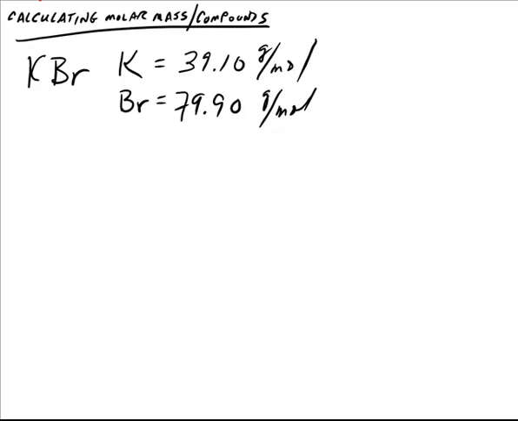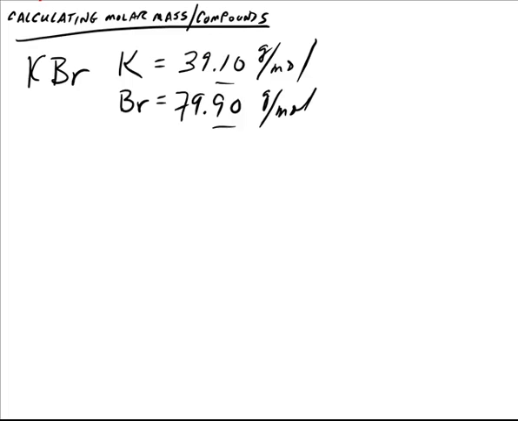And you will always have access to a periodic table, whether our quizzes and exams are online or whether they're in person. The periodic table I like to use has 2 decimal places for each element.